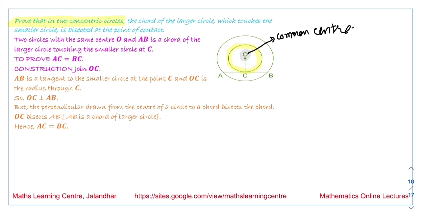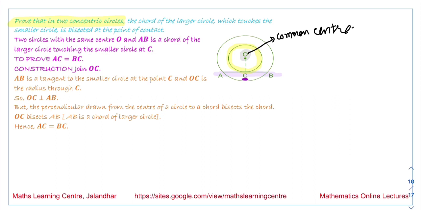So we have to prove that the chord of the larger circle which touches the smaller circle, we have drawn a chord AB to the larger circle, and it touches the smaller circle at this point C, and we have to prove that C is the midpoint of AB. That is, it is bisected at the point of contact.